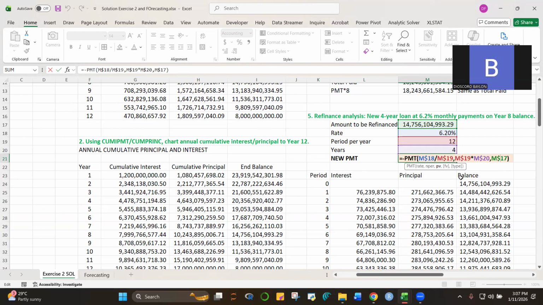So we can easily compute the new amortization using the present value of the remaining principal balance. We get an amortization of 347 million per month.